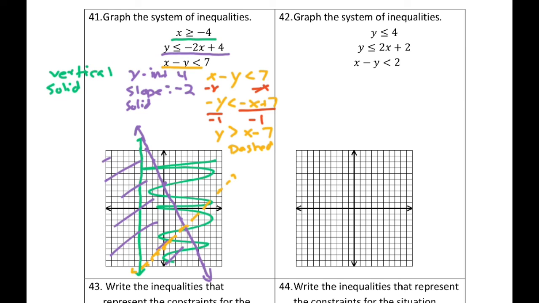We shade up because it's greater than. So I shade over here. Now the area where all three of my shading overlaps is my answer. So my answer is this area here because it's the area that has all three shading. We just kind of make it darker.